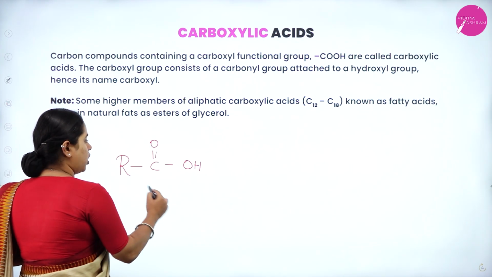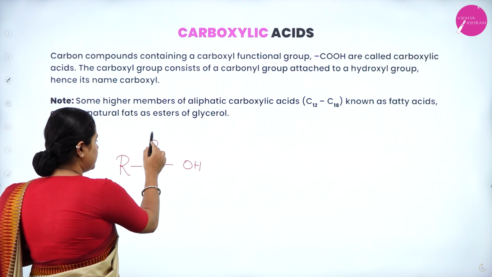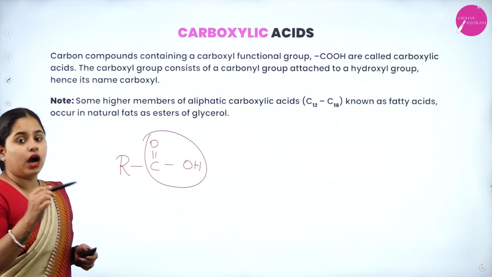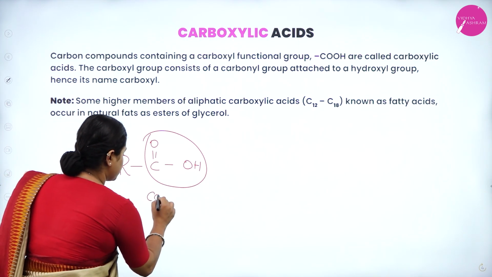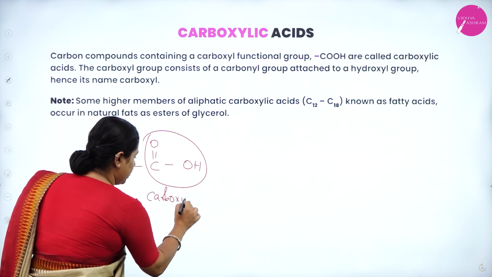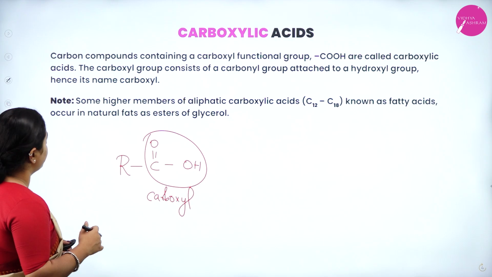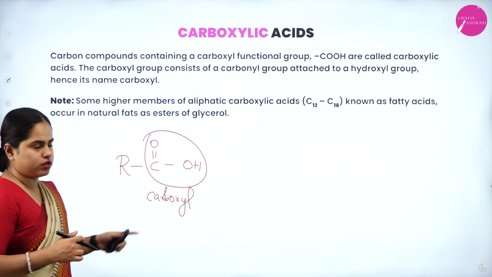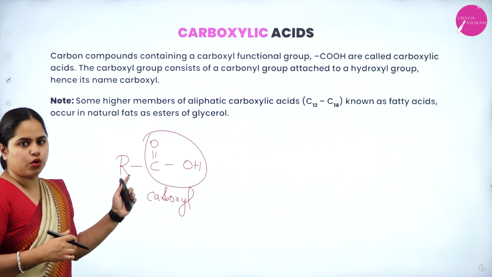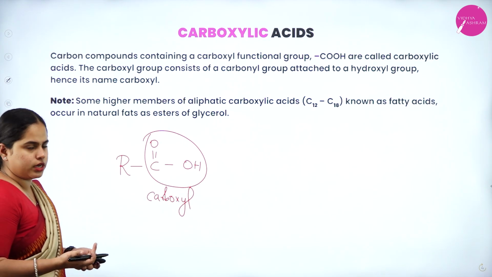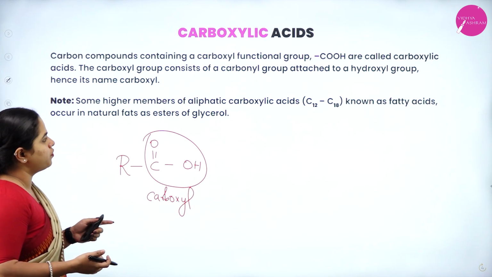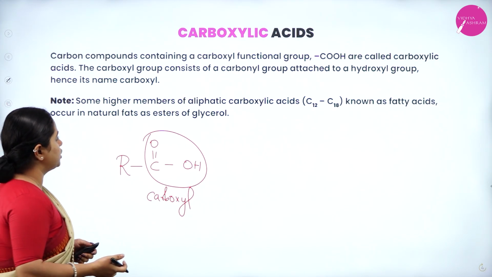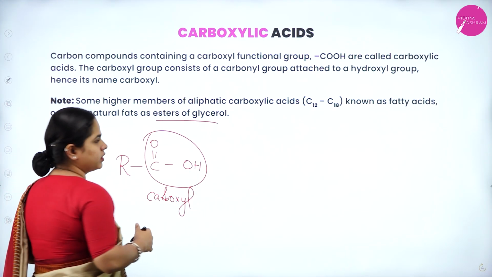This part is called a carbonyl group, and the carbonyl group together with the hydroxyl group is called a carboxyl group. Compounds containing this carboxyl group are called carboxylic acids. Some higher members of aliphatic carboxylic acids, known as fatty acids, occur in natural fats as esters of glycerol.